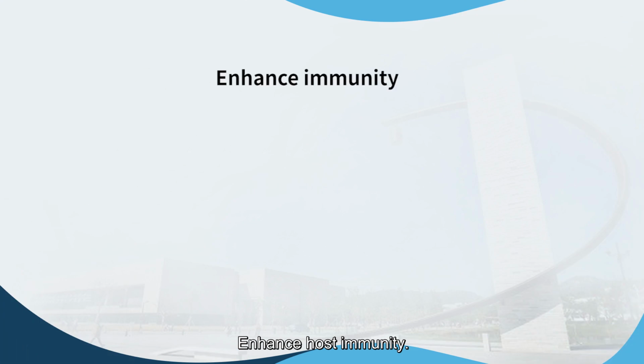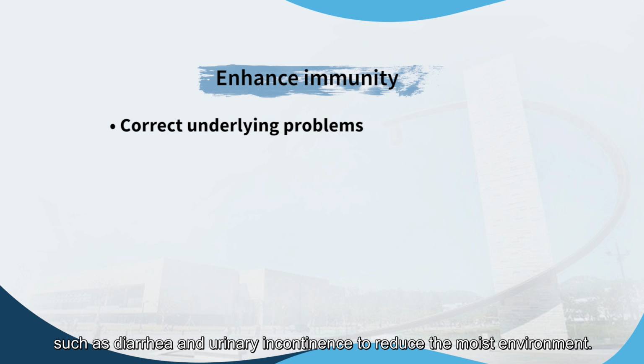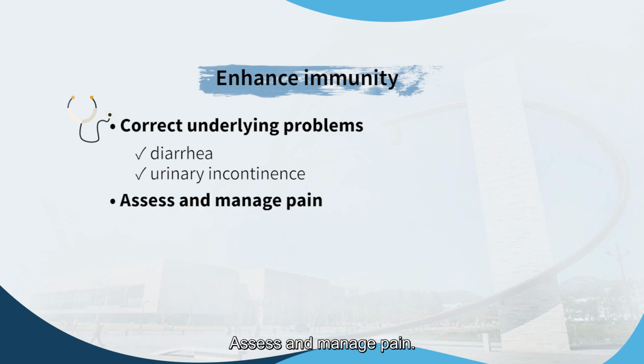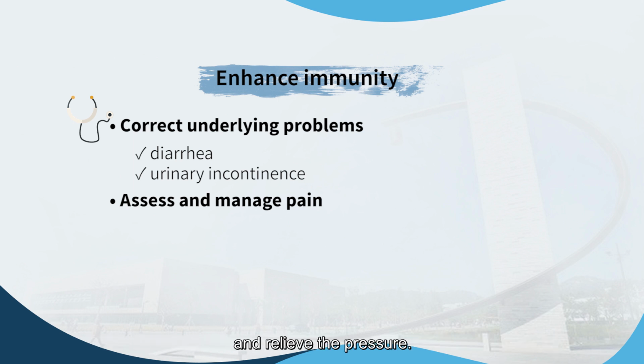Enhance host immunity, and correct underlying problems such as diarrhea and urinary incontinence to reduce the moist environment. Assess and manage pain. Pain causes decreased activity, which hinders a person's ability to change positions independently and relieve the pressure.